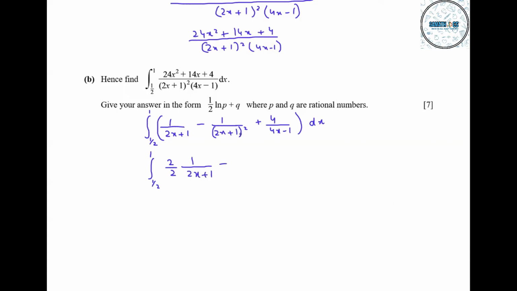And this (2x plus 1) whole square is to be taken to the numerator, so it will be (2x plus 1) power minus 2. We have here 4x minus 1. We can change it into ln (4x minus 1). We have here 4, so we don't need to multiply it by any number. So we have here 4 upon 4x minus 1.